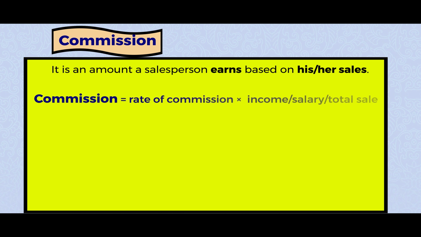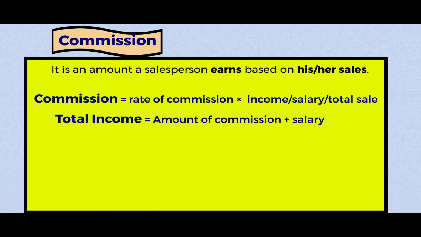Commission is found by rate of commission times the income or the salary or the total sale, and total income is determined by commission plus your salary or your income. So that will give you the total income.